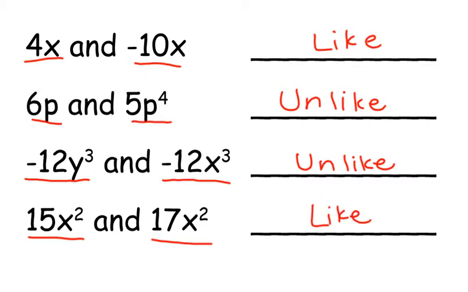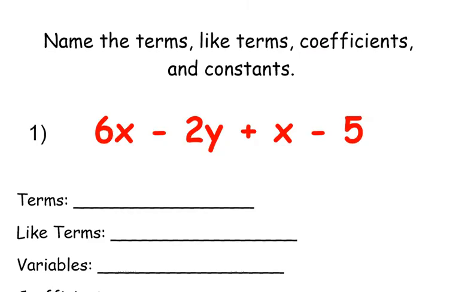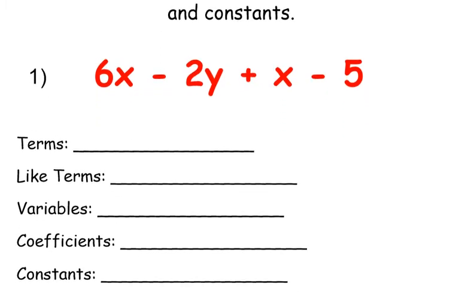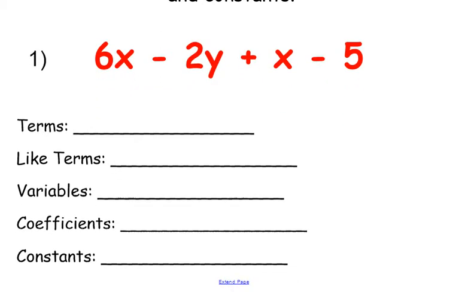Okay, let's try this one here. You'll remember we did this in a previous lesson. This is where we're going to tear apart the coefficients, the variables, the terms, the constants, and all that stuff. But I'm adding one more category to this, which is we're going to put the like terms together.